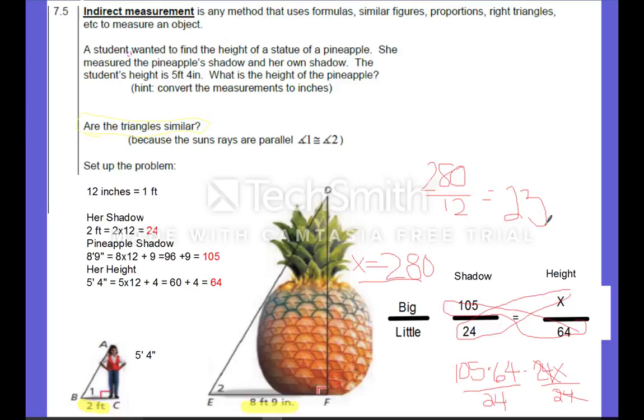So 23 times 12 gave me 276. So 23 feet is 276 inches. And I have 280 inches, so I have 23 feet, and I have 4 inches left over. So our pineapple statue is 23 feet and 4 inches.